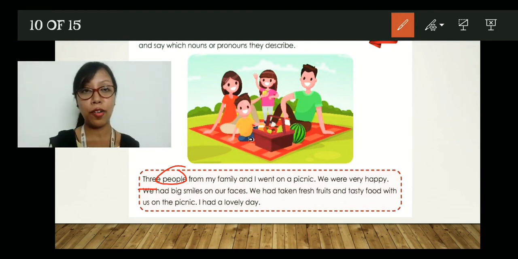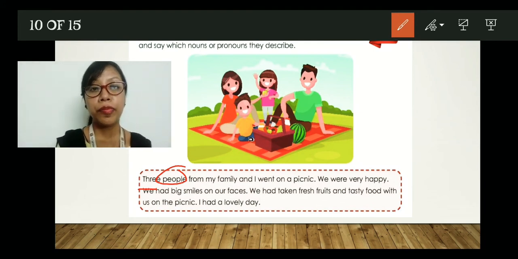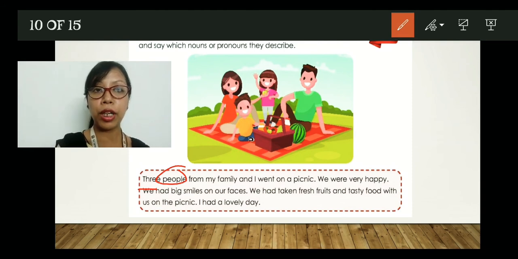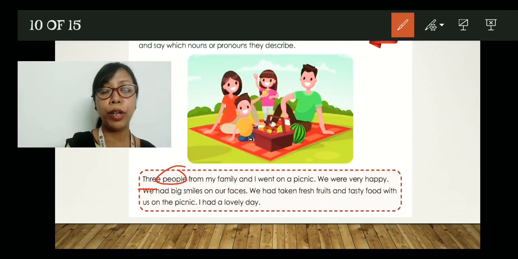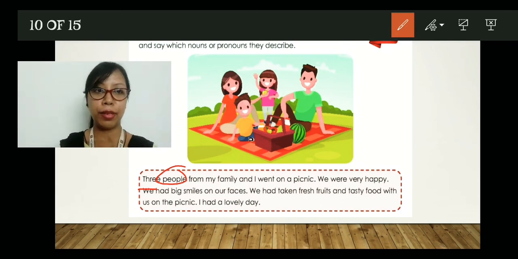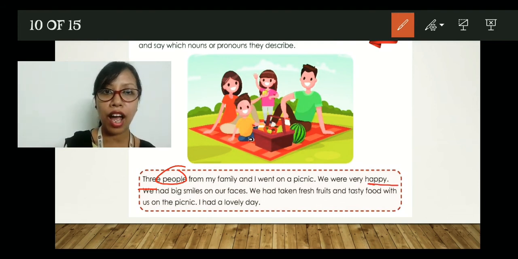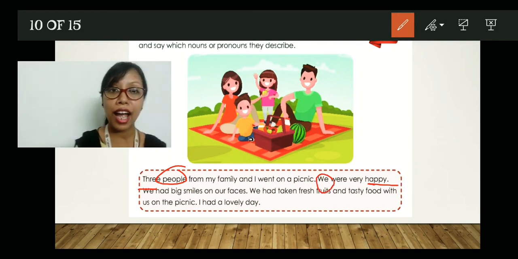Now that is the noun or pronoun. So the next is 3 people from my family and I went on a picnic. We were very happy. Now happy is a describing word. Okay, so it is an adjective. Now who were happy? We. So you have to circle the we. We were very happy.